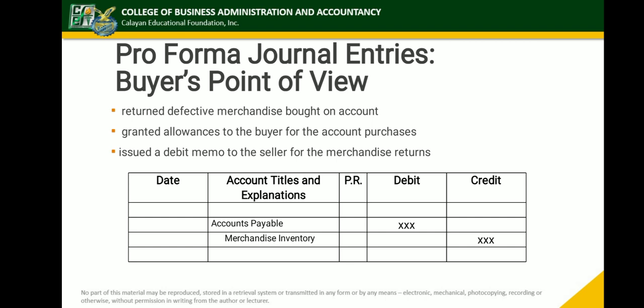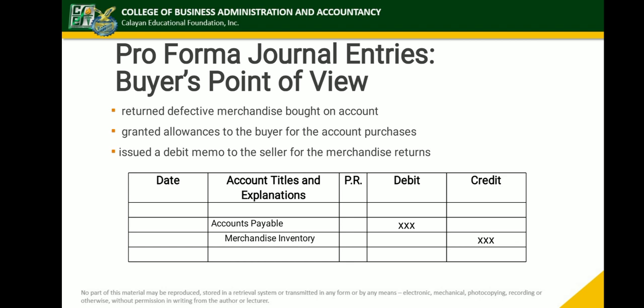What if naman nagsoli ulit ng defective merchandise na binili on account or ginranta naman tayo ni seller ng allowances for any account purchases or nag-issue ng debit memo tayo kay seller for merchandise return. So, ano ang entry natin?